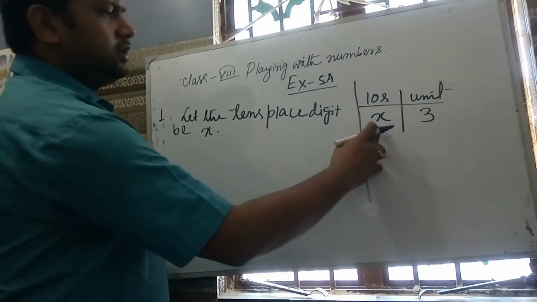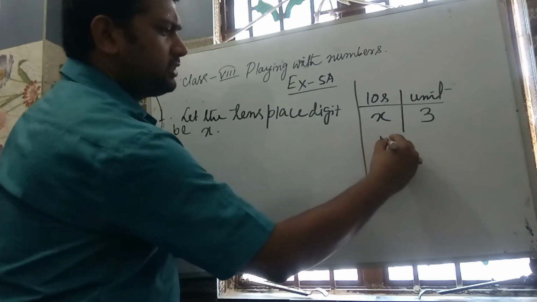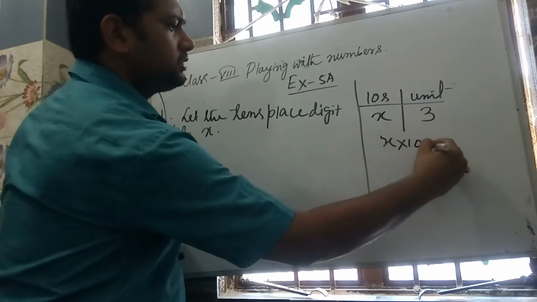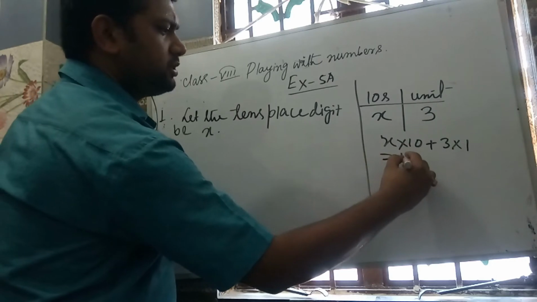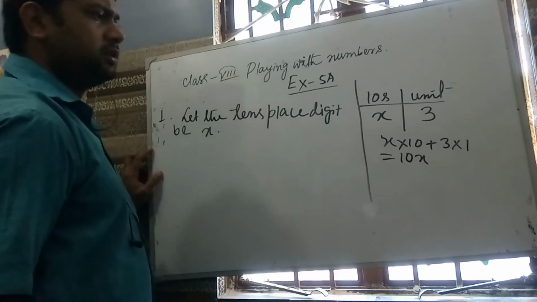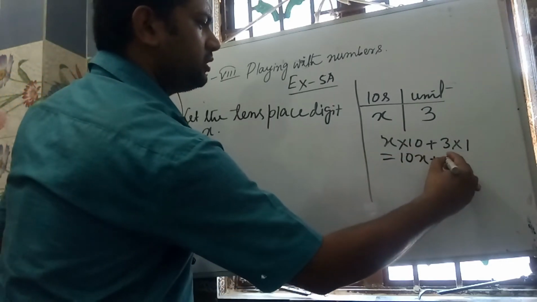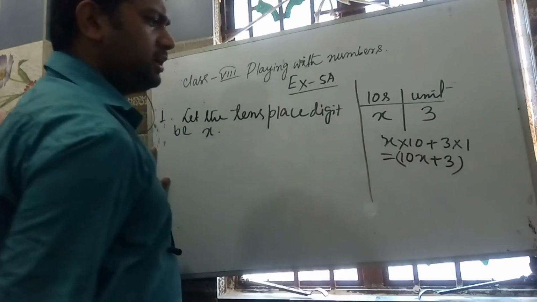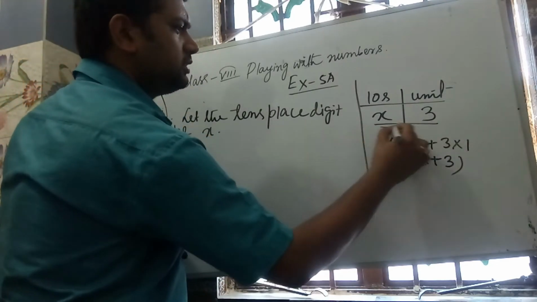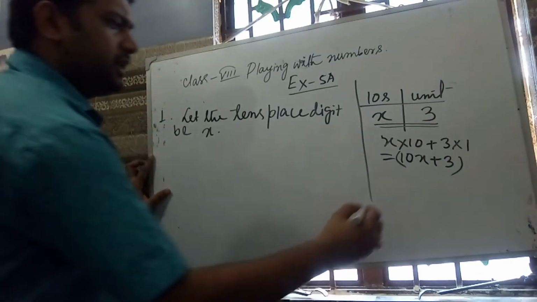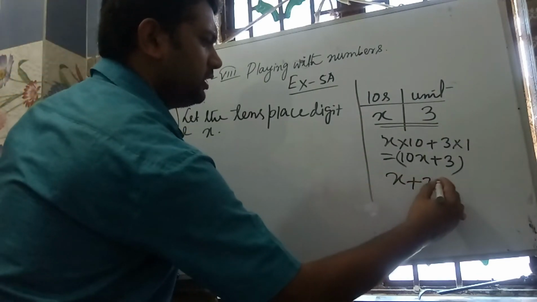Therefore, what will be the number? x into 10 plus 3 into 1. x into 10 gives you 10x. 3 into 1 gives you 3. So this is the number. And the sum of the digits means x plus 3.